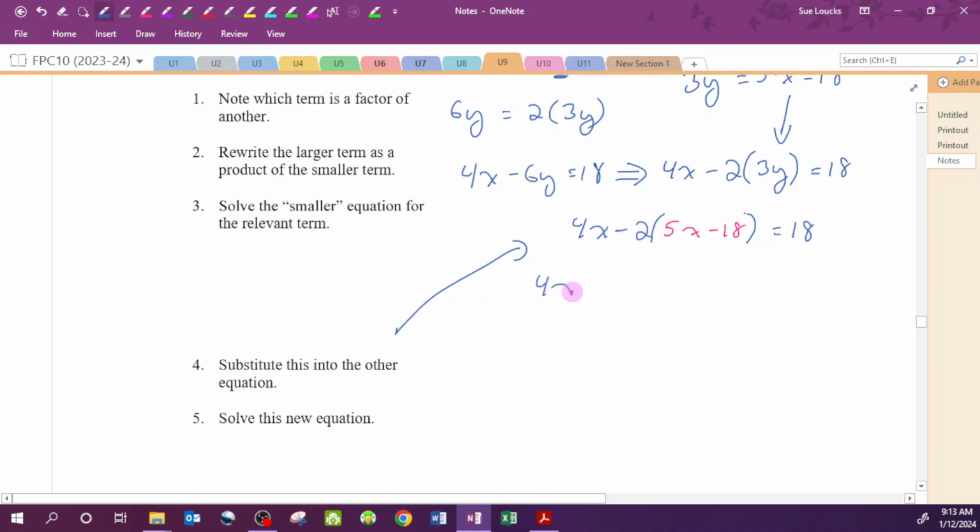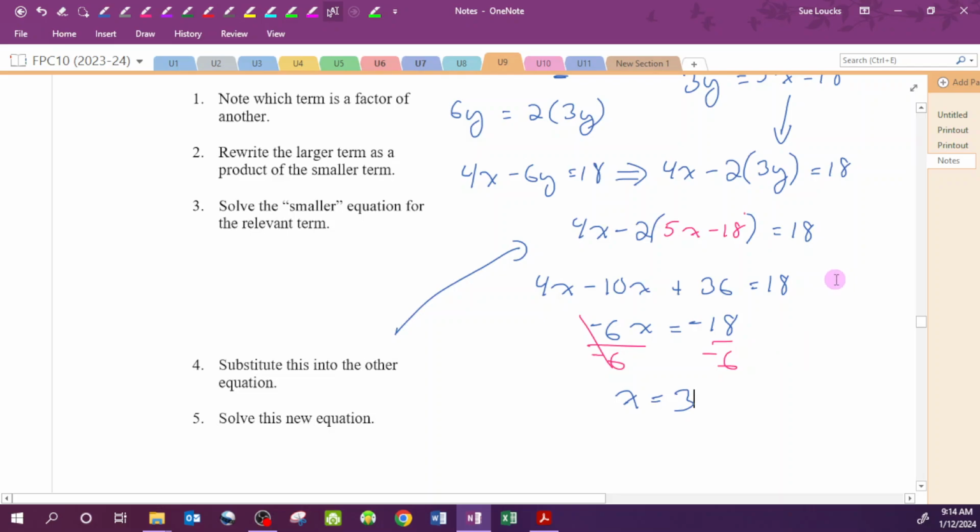So I have 4x minus 10x plus 36 equals 18. So that's negative 6x equals negative 18, and then divide by negative 6, divide by negative 6. x equals 3. So there's my x value.